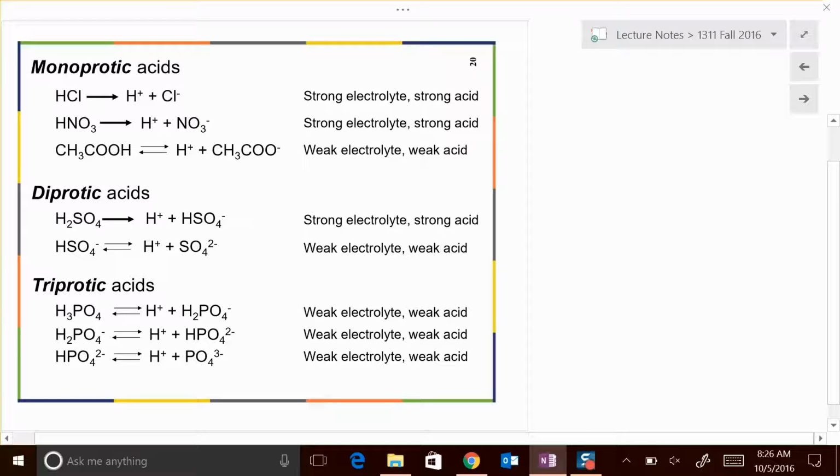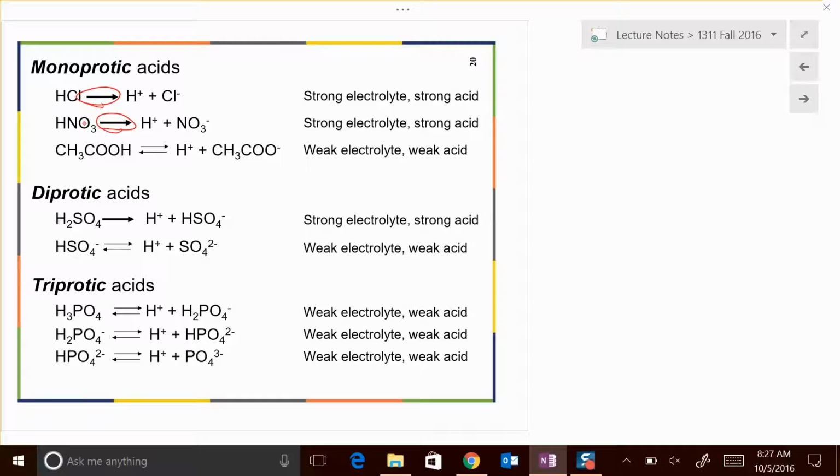So here are some monoprotic acids, which means there's a single hydrogen to donate. HCl is a strong electrolyte, strong acid, because it dissociates 100%. Notice the single arrow. That's indicating it goes one way. It doesn't go backwards. Nitric acid, also a strong donation of that hydrogen. The hydrogen stays off.